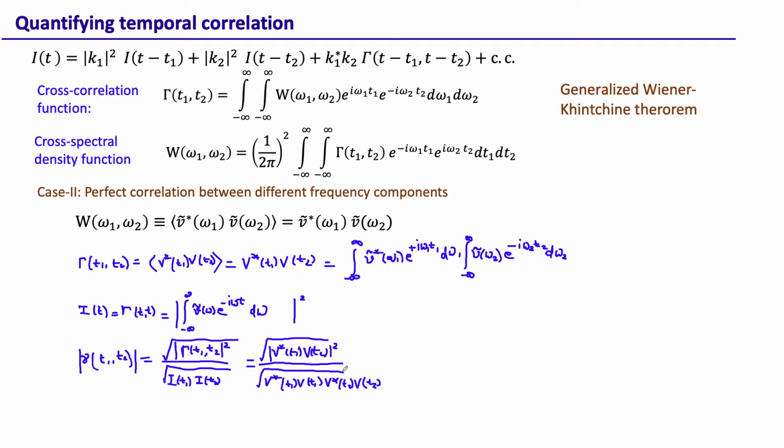If we write it this way, we can see that this quantity is essentially equal to 1. So the degree of temporal coherence is 1 when there is perfect correlation between different frequency components.